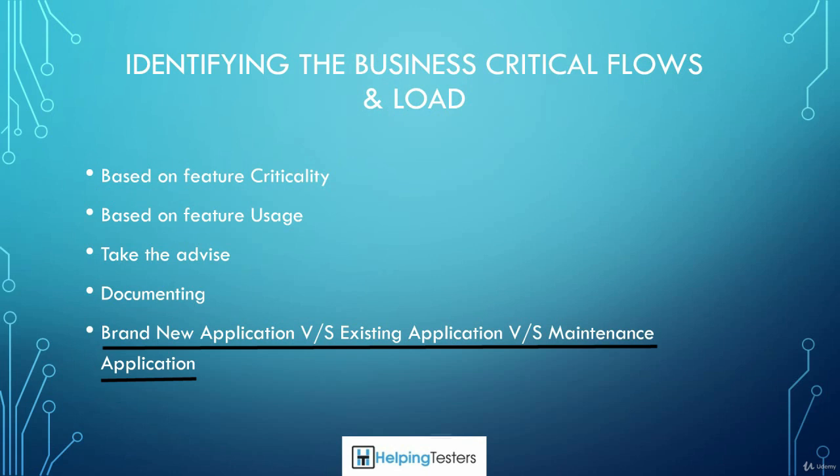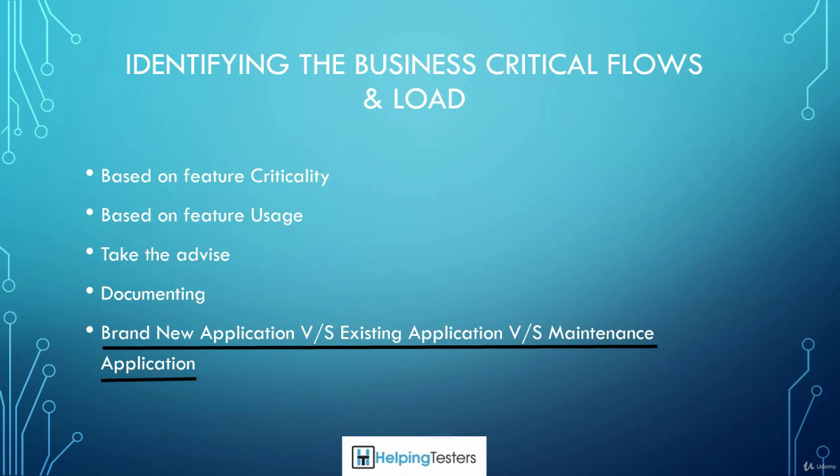For a brand new application, if we speak in terms of load, we don't know how many users will use this application in production. So there is a better approach that we normally follow as a standard approach, the step approach. It means we start with a small load and then double the load.